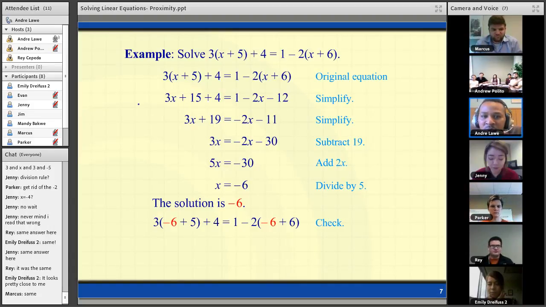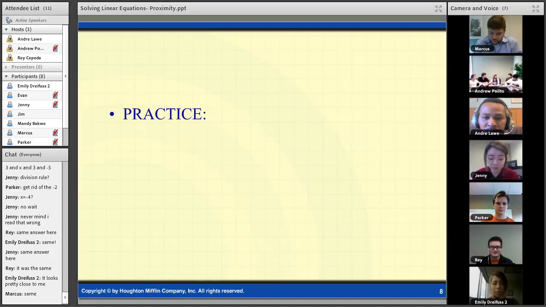So if we substitute that -6 back into our original equation, inside parentheses, now we would have -6 plus 5, which would work out to be -1. 3 times -1 would be -3. -3 plus 4 would give us 1. Similarly, on the left, we would have 1 minus 0 with 1. So our solution would check.